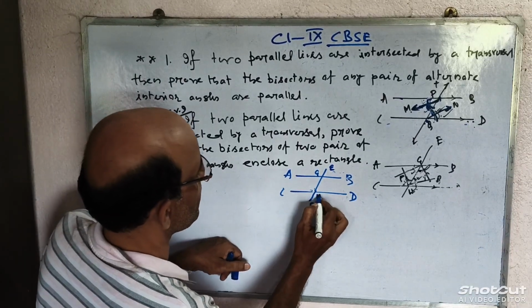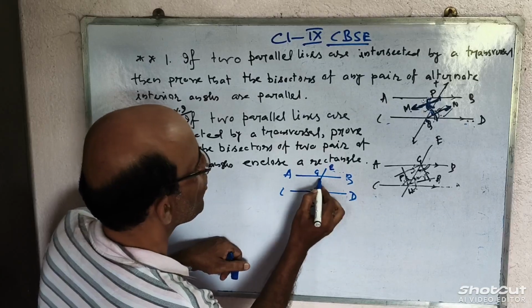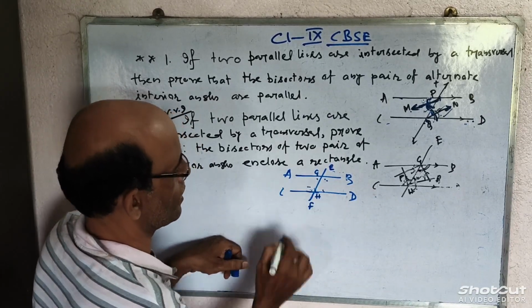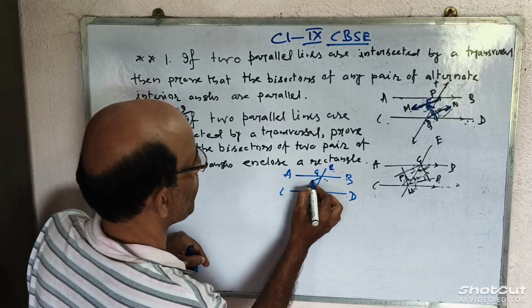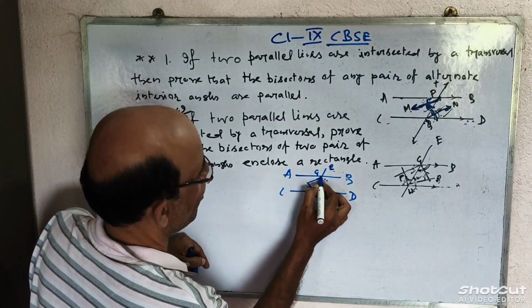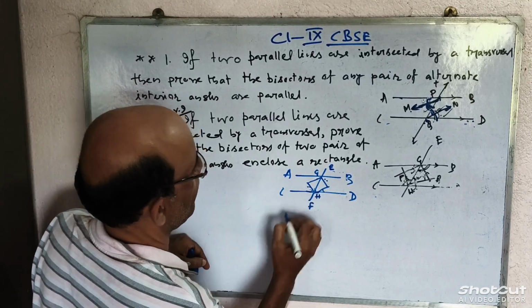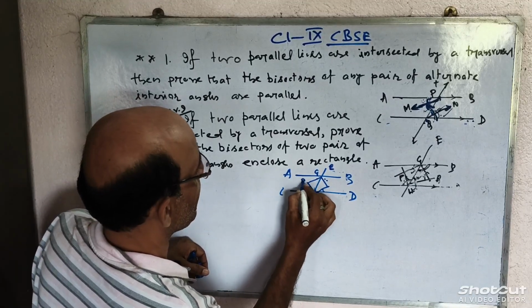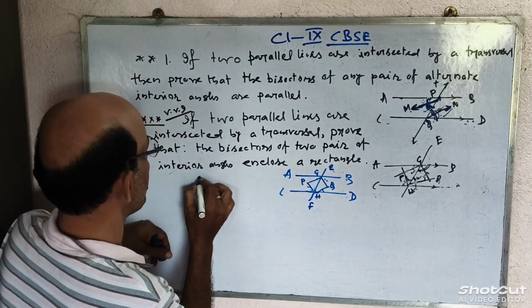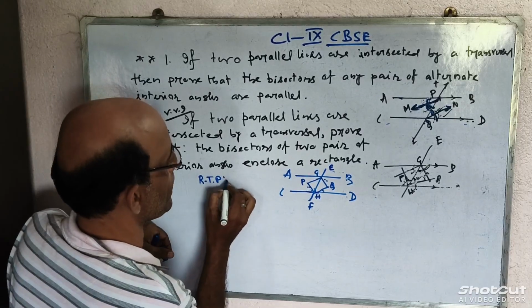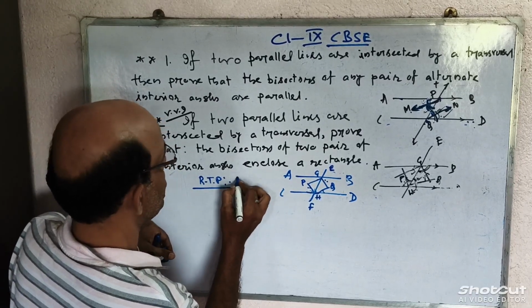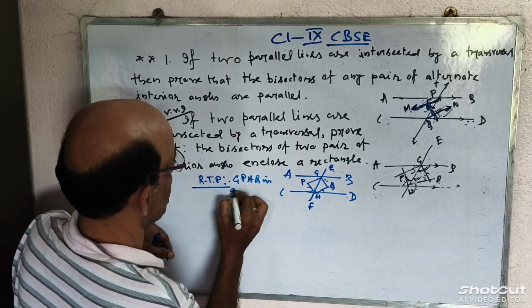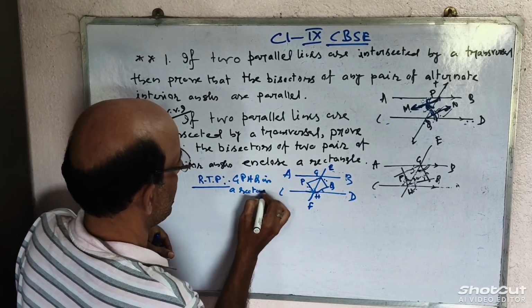You have to prove that the bisectors of the four interior angles form a rectangle. Required to prove: GPHQ is a rectangle.